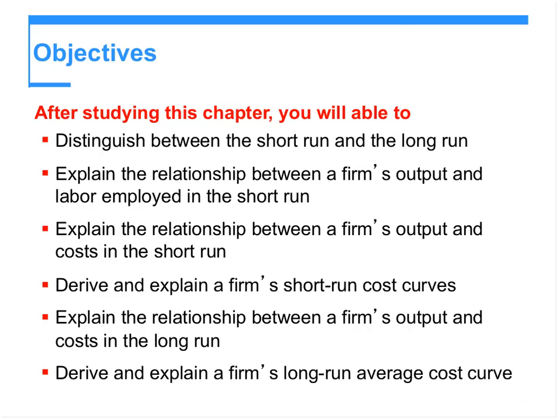After studying this chapter, you will be able to distinguish between the short run and the long run. Explain the relationship between a firm's output and labor employed in the short run. Explain the relationship between a firm's output and cost.